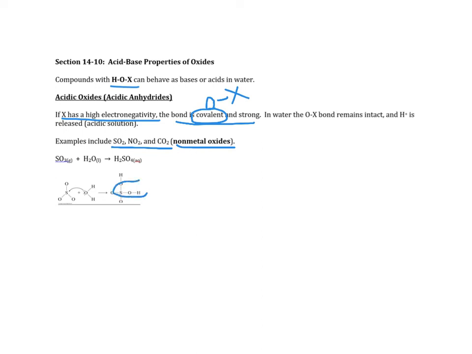So here is our HOX combination. And we can then talk about removing this hydrogen ion or proton, and then it's an acidic solution. This bond here between the sulfur and the oxygen remains intact, as described up here. So, nonmetal oxides in water are acidic.